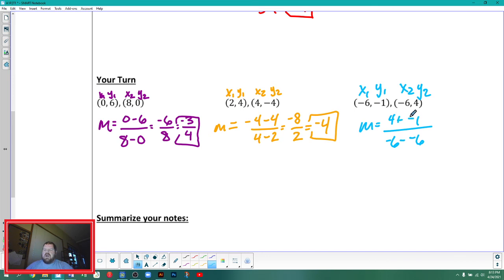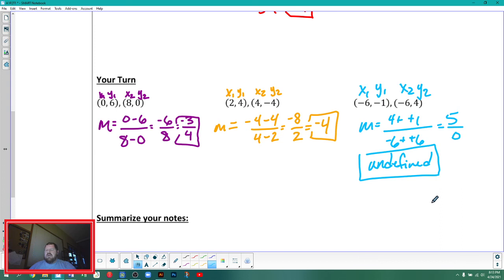We've got some minus a negative issues to deal with. That turns into 4 plus 1, which is 5. On the bottom, we end up with 0. Okay, we cannot go 5 divided by 0. That means this is an undefined slope. Okay, undefined slope. Because it's a vertical line.